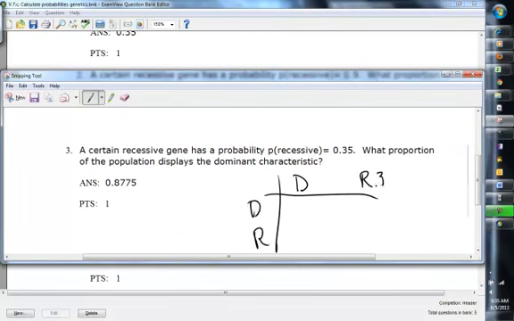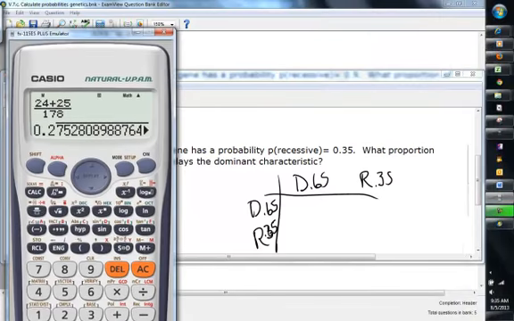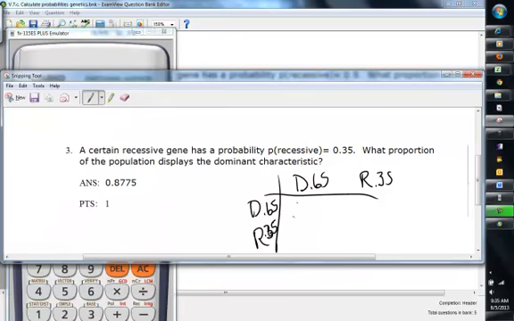This is 0.35, so this is 0.65. Oops, this is 0.35. So when we calculate it, we would have 0.65 squared is 0.4225.